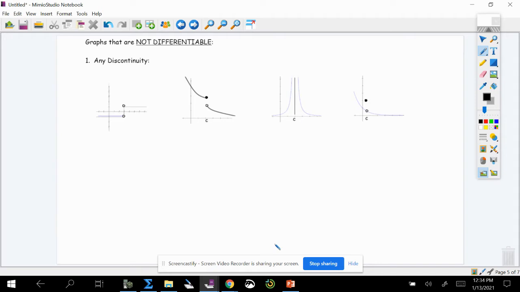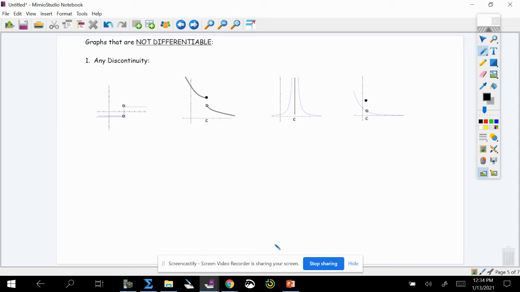The reason you're not going to have a derivative at a discontinuity is that a derivative is the slope of the tangent line. You can't be tangent to something that doesn't exist. If there's a gap or a hole, you're not going to be able to write a line that's tangent. We have a lot of things that look that way, but all of these are for the same reason.